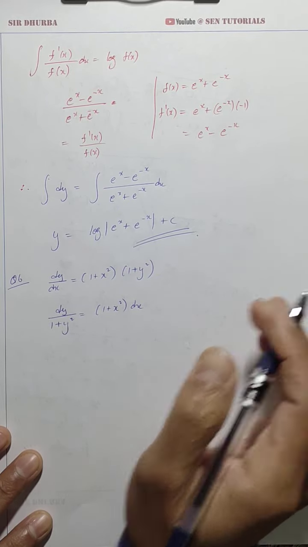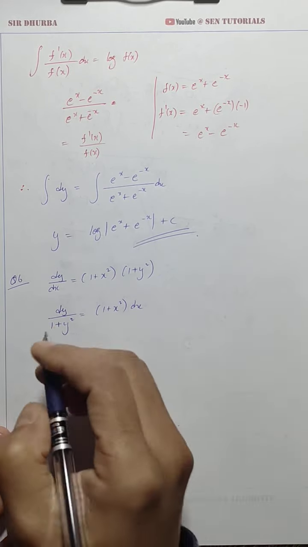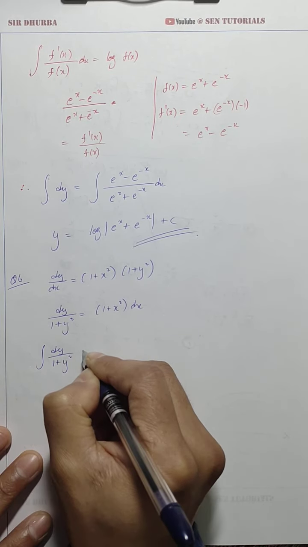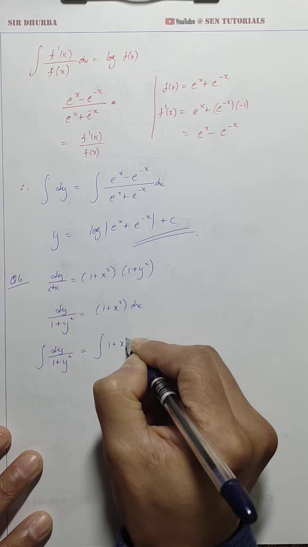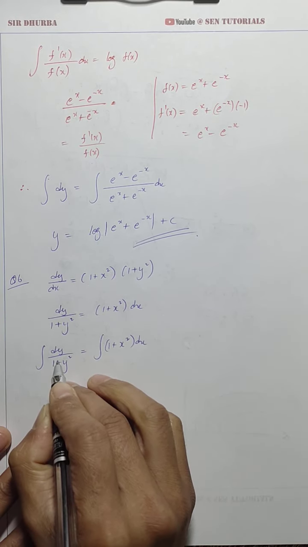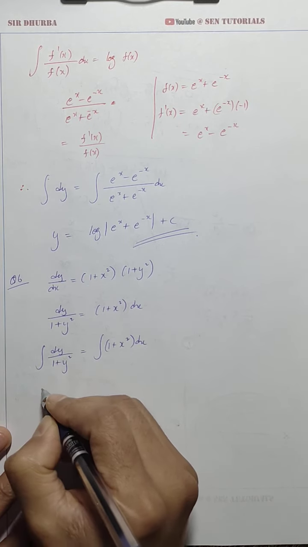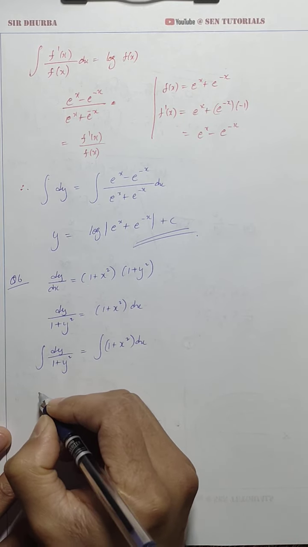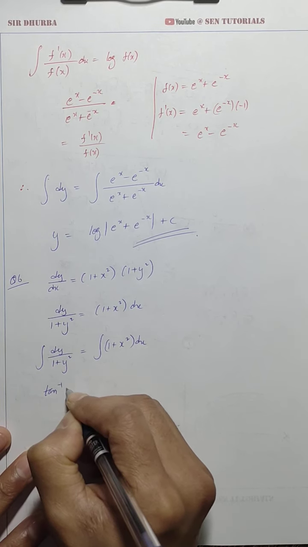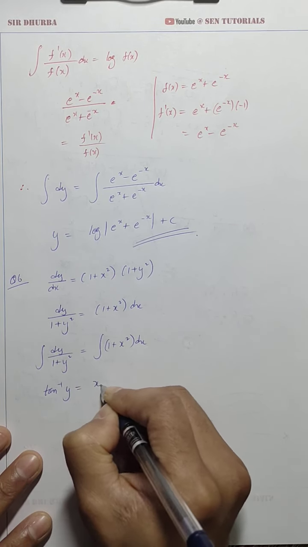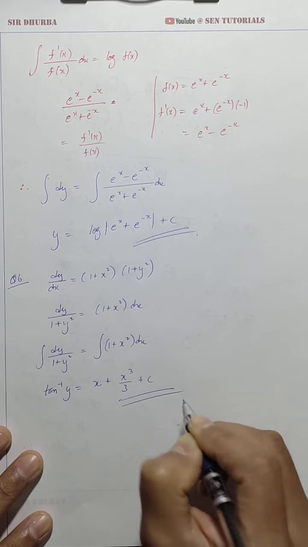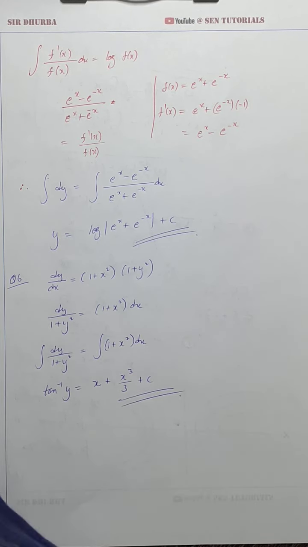Separated, grouped, now integrate: dy by 1 plus y square equals integral of 1 plus x square with respect to x. So integration of dy by 1 plus y square is what? Tan inverse of y. Integration of 1 is x, integration of x square is x cubed by 3 plus c. I think that's the solution.